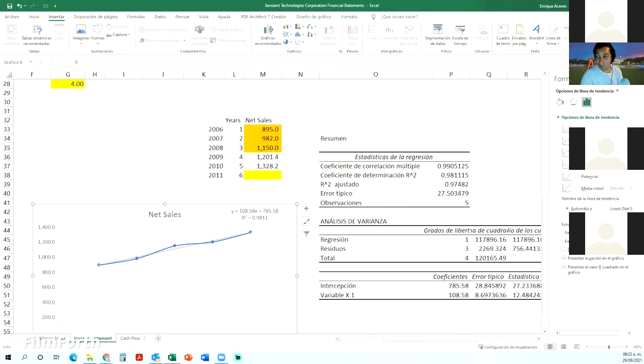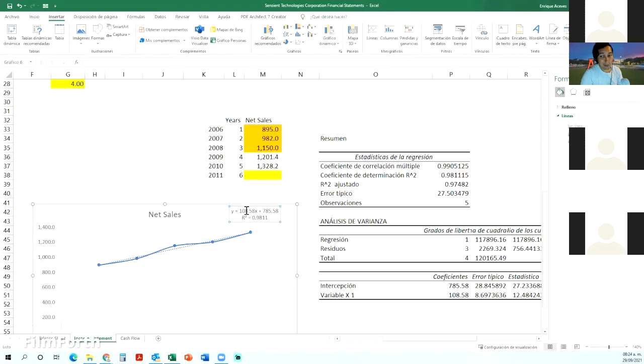When you add the trend line, it will show you this display, and you have to select present equation on the graph and present the R value. Remember that the R value is the level of confidence. So what it's telling me is that with 98% confidence, the next value can be predicted with this equation.